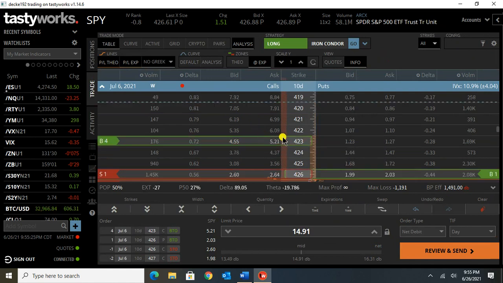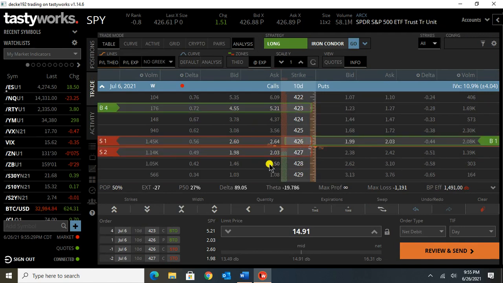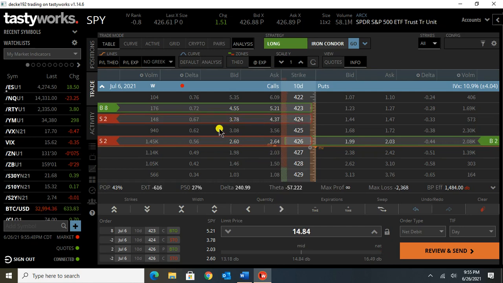And if the market is slowly moving down, what I will do is move the short calls of the back spread down in value. So I would roll the 427s down to the 424s. I would buy these back and then sell these out.